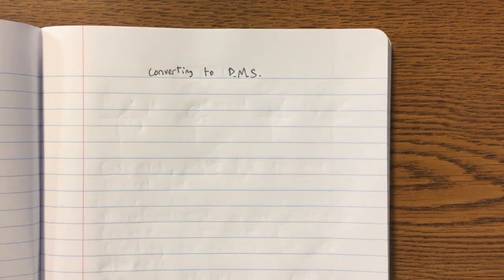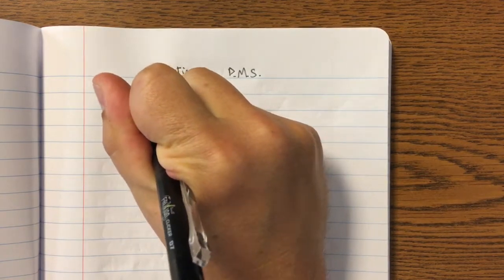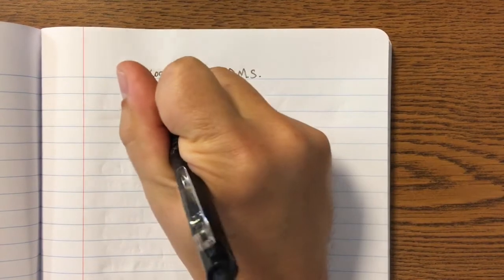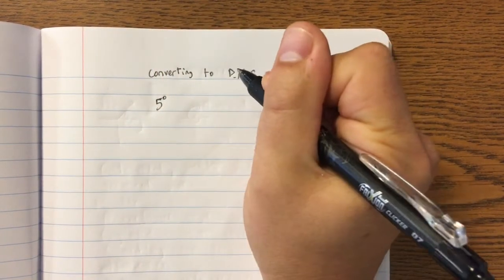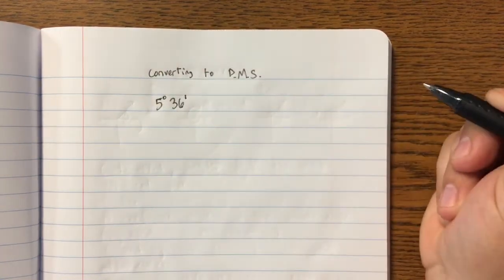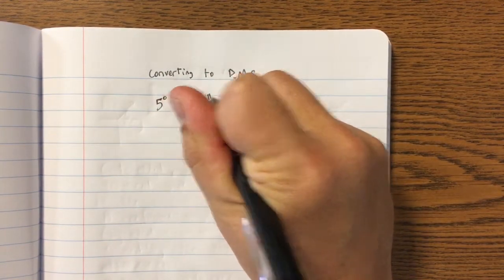So I might show you something that looks like this. Say, 15, or no, I'll keep it small. 5 degrees, 36 minutes, and 28 seconds.